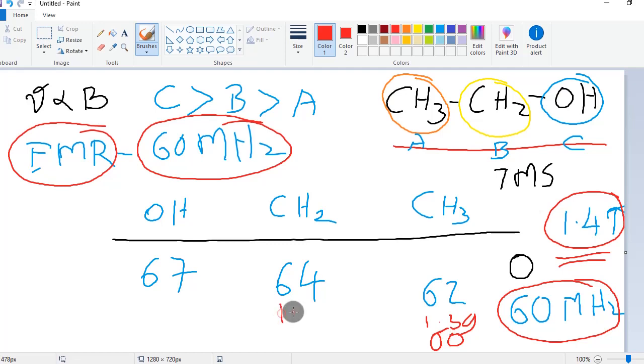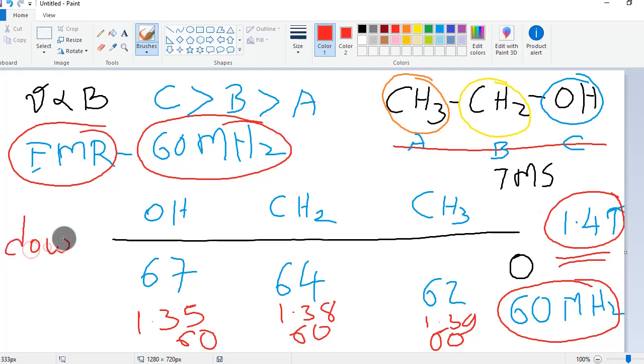When we reduce it to 1.38, this becomes 60, undergoes resonance and shows the peak. When we reduce this to 1.35, it has a precessional frequency of 60 and it undergoes resonance and shows a peak. That means what we are doing is reducing the magnetic field which is applied. That means we are going downfield.